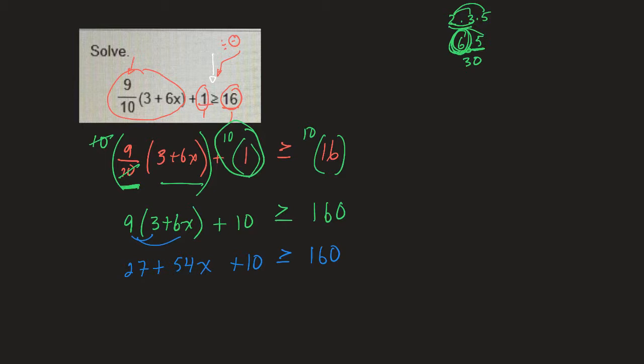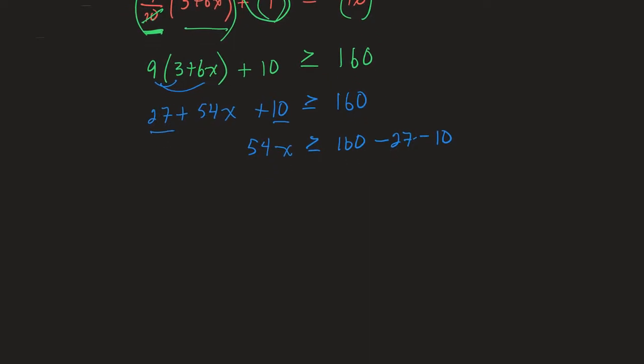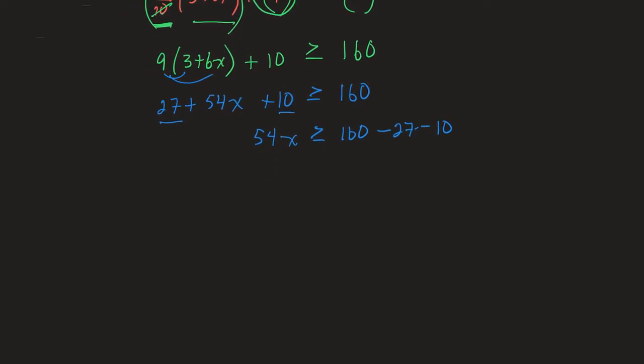Now let's collect like terms. So let's move the 10 and the 27 to the right side. So 54x greater than or equal to 160 minus 27 minus 10. I think I'm getting all that right. Okay, let's go up a bit. Now, so I have 54x greater than or equal to 123, I think.